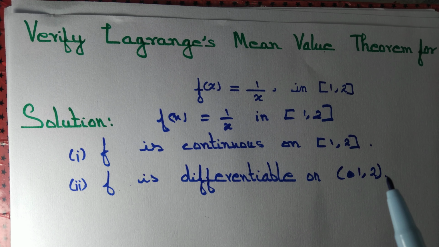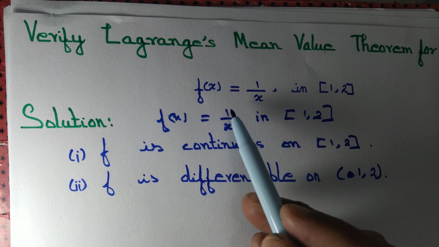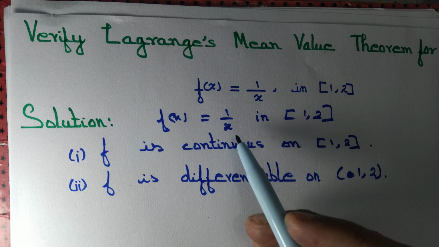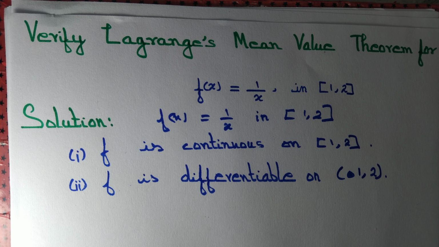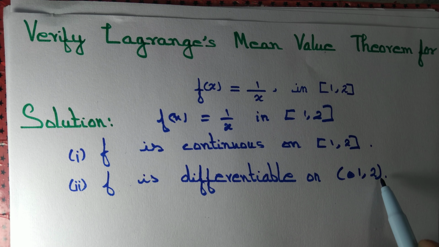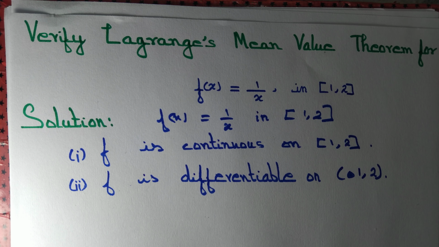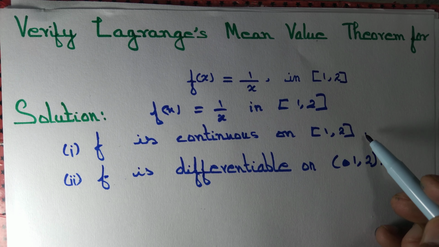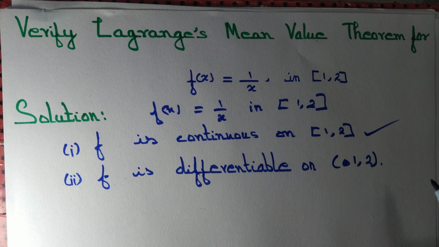We don't need to show that f is differentiable throughout R. Once again, it's a quotient of two differentiable functions. f(x) equal to 1 is differentiable, f(x) equal to x is differentiable, and the quotient of two differentiable functions is again differentiable provided the denominator is not equal to 0. So we are taking x greater than 1 and less than 2, and in that case f is differentiable. So we find that f is continuous, the first criteria is satisfied, and f is differentiable, so the second criteria is satisfied.